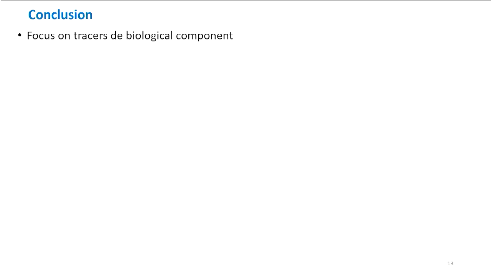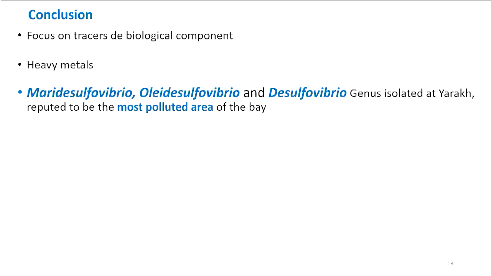To conclude, we will focus on a tracer of biological components, heavy metals, and some genera like Marinidesulfovibrio, Oleidesulfovibrio, and Desulfovibrio, isolated at Yarakh. Yarakh was the point reputed to be the most polluted area in the bay.